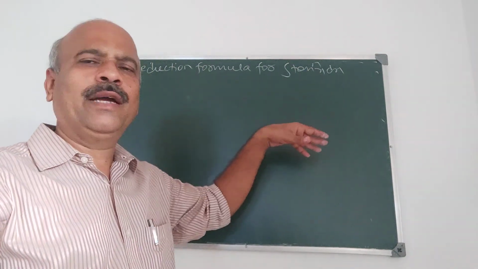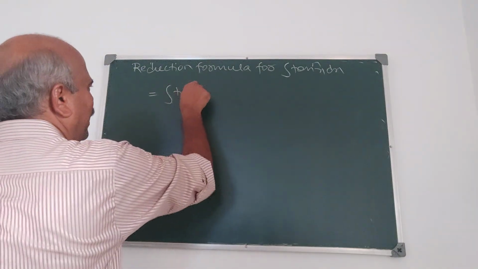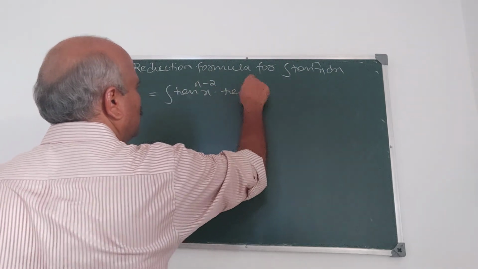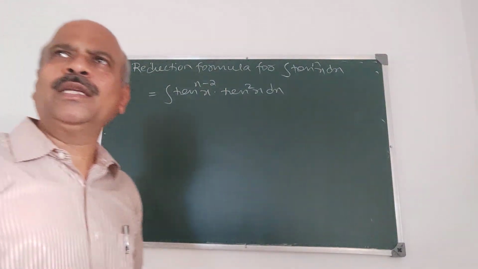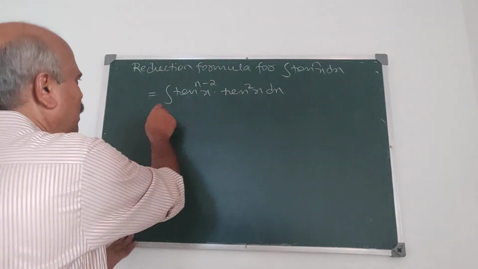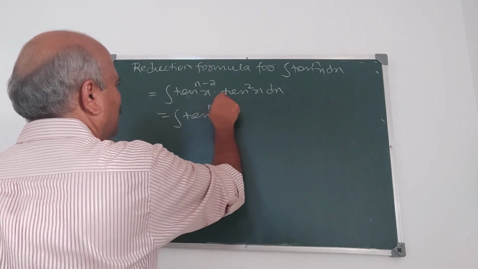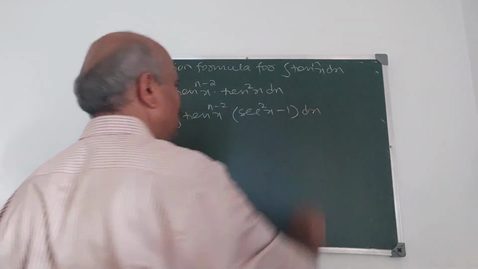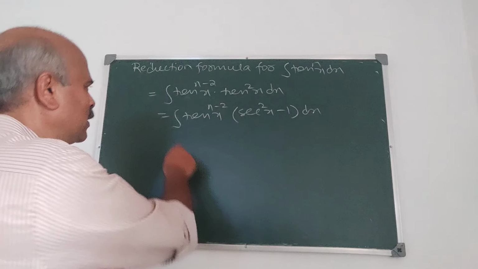I will explain how to derive the reduction formula. See, we write tan x raised to n as tan x raised to n minus 2 into tan square x. This is the first step. Then write this tan square x as secant square x minus 1 with respect to x. Tan square is secant square minus 1.